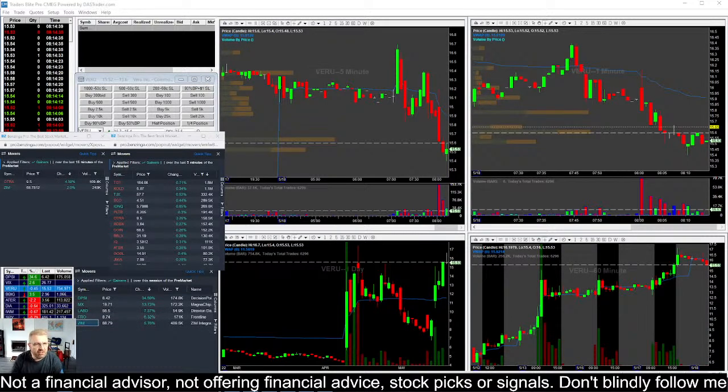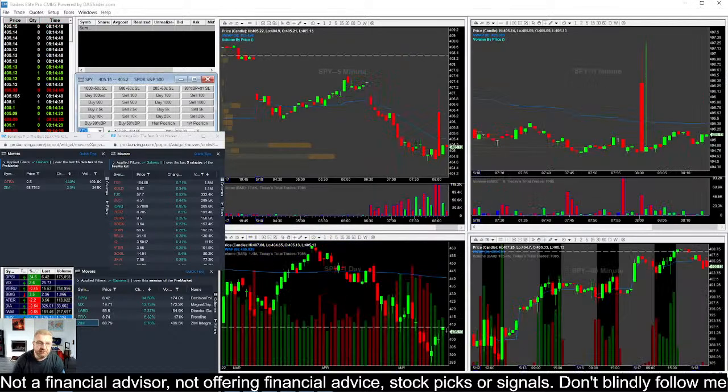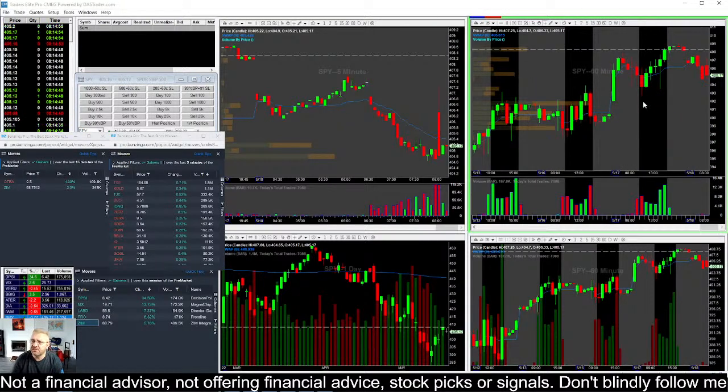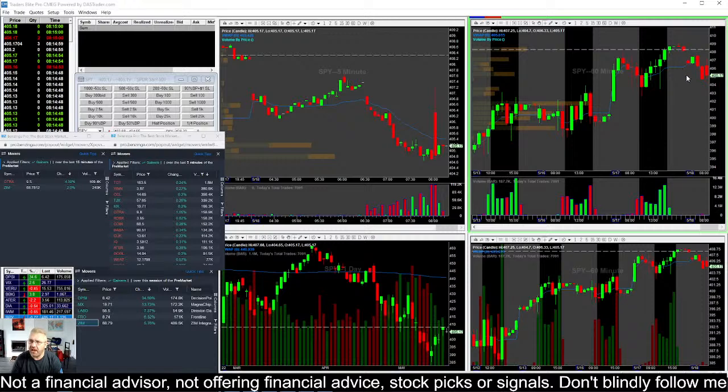Today the markets are not looking great to start the day. Let's have a look at the markets. We're looking at the 5 minutes, and the 60 minutes, it's probably easier to see. Looking at the 60-minute chart, you can see that we're a little bit down, but we're still in good shape.